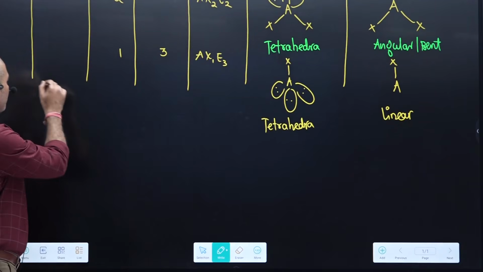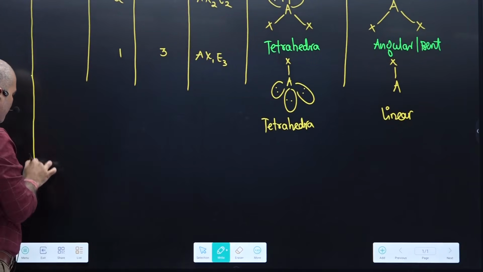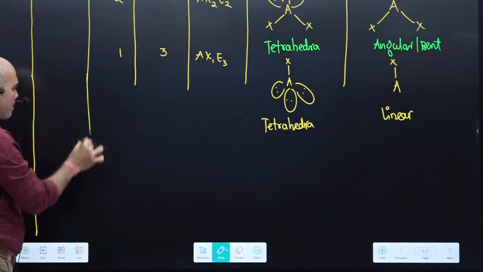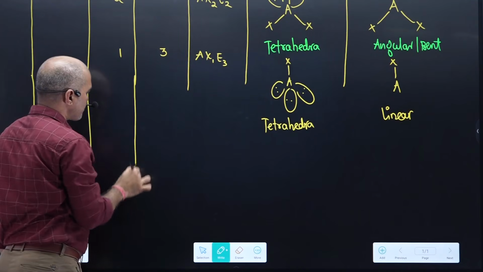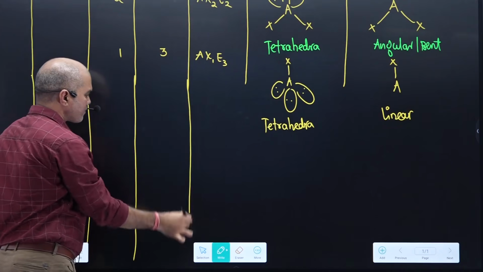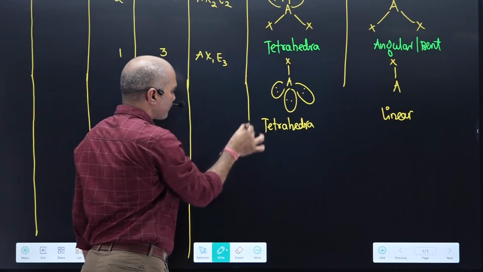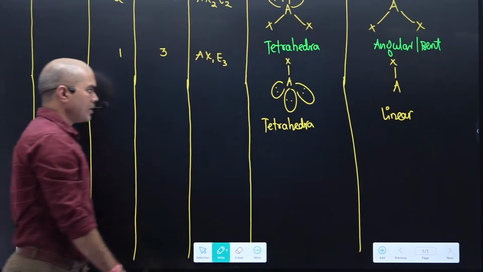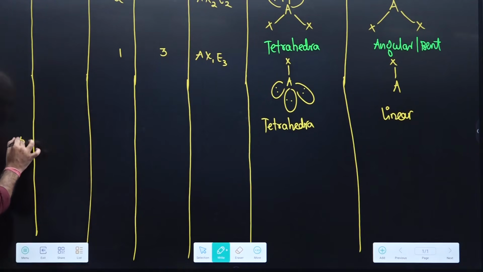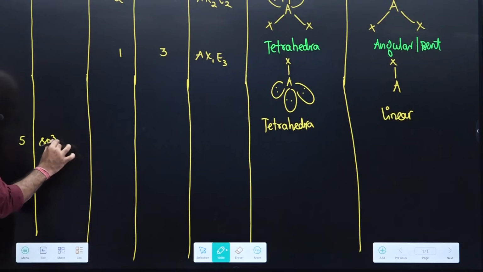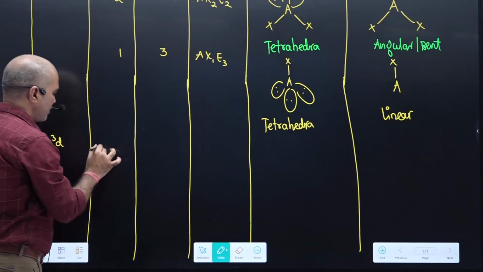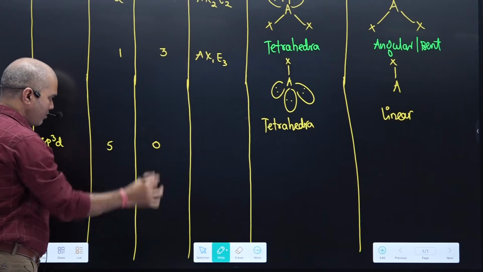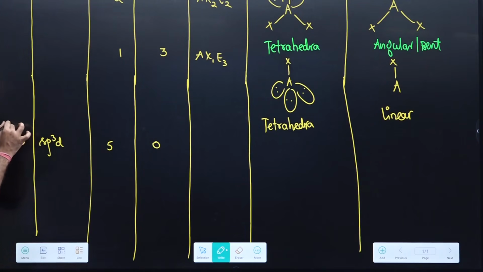Then we'll move to steric number 5. Steric number 5, what is the hybridization? sp3d. We are taking the 5 plus 0 combination. This is very, very important.